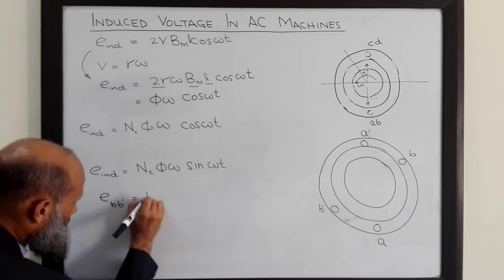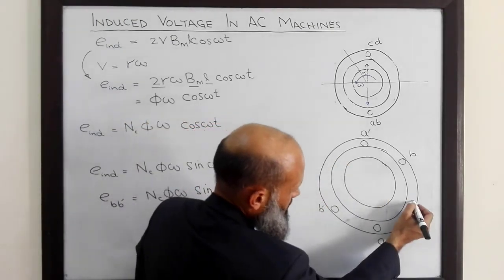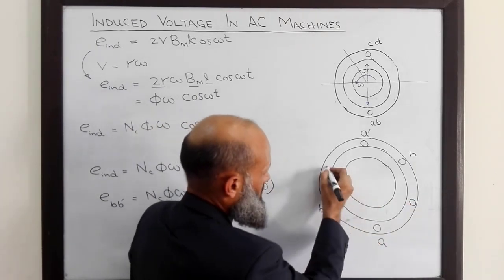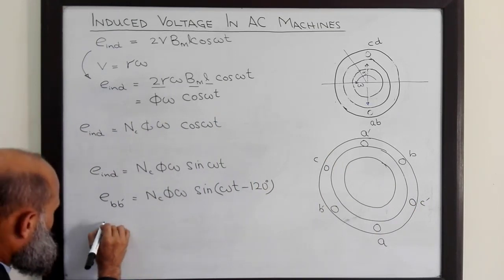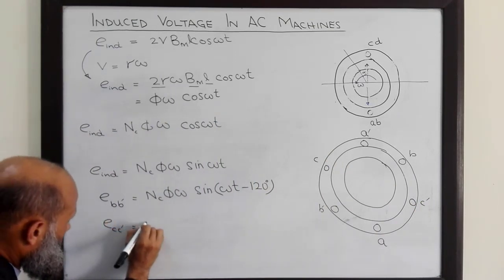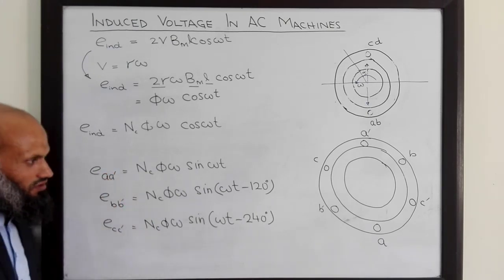That is, the voltage induced in coil B B dash will be equal to this, and if we have another third coil which is another 120 degrees from this coil, then the voltage induced in this coil, ECC dash, will be equal to this. So this is the voltage induced in the first coil.